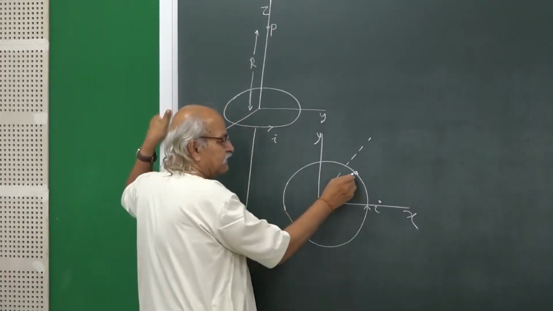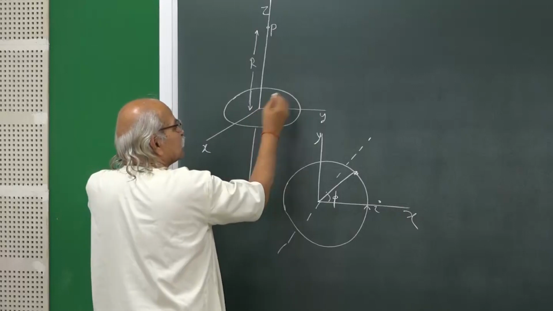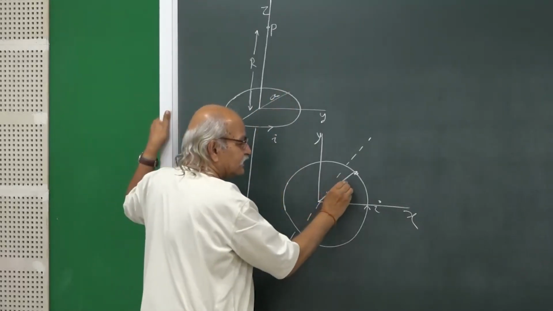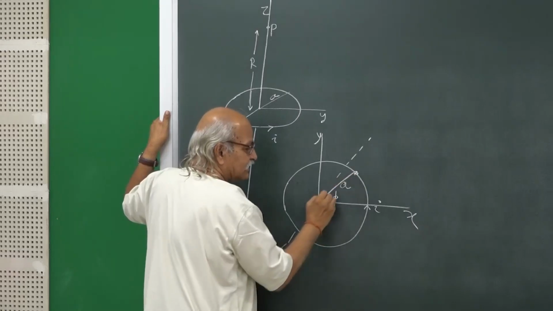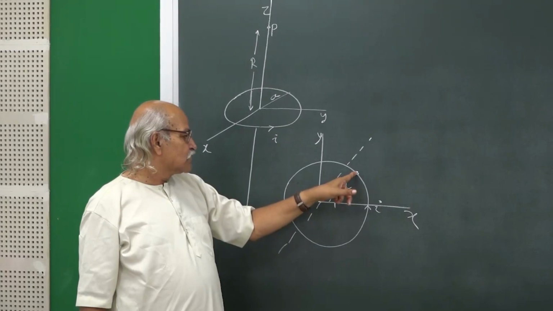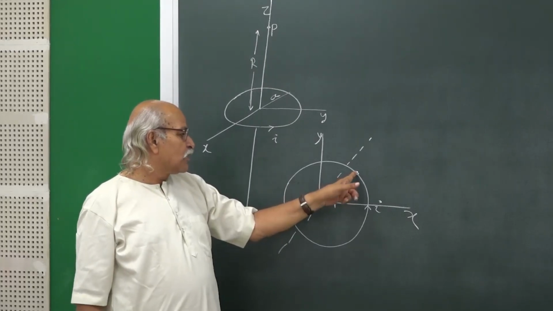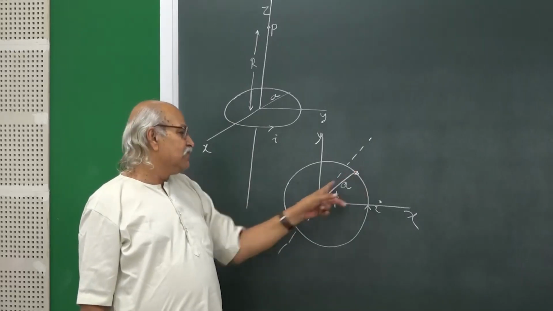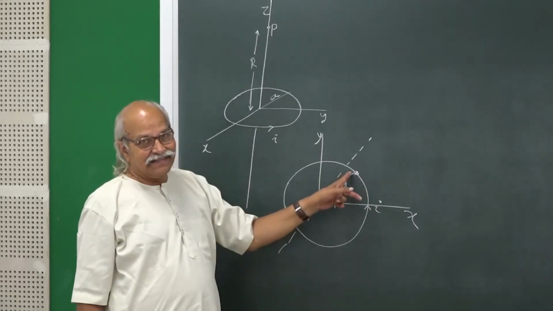This length which is fixed here, the radius of the loop, say suppose the radius of the loop is a, then this length s is the same as this a. For this point, what is the s coordinate? Drop a perpendicular on the z axis, and that will meet here. So, this length is a.